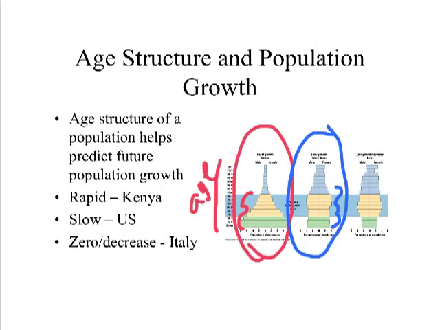And then the very last one is found here in Italy. They actually have a decreased population of the young. So we've got a little bit more older people than younger people. So they're actually going to have zero or decreased population growth over time.